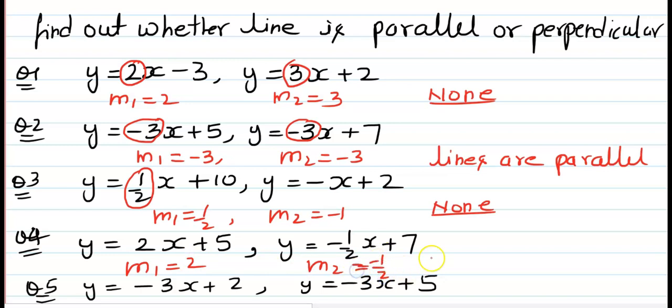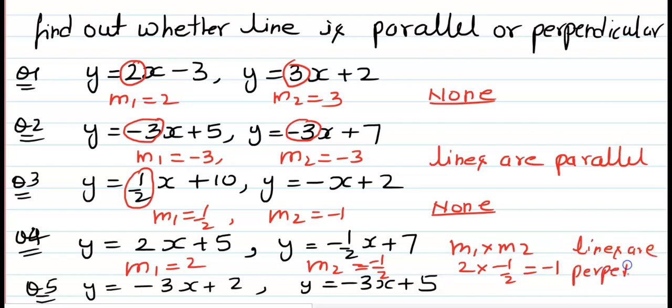So definitely they are not equal, but if you multiply m1 times m2, 2 times minus half, then you get minus 1. So it means the lines are perpendicular. Okay, perpendicular.